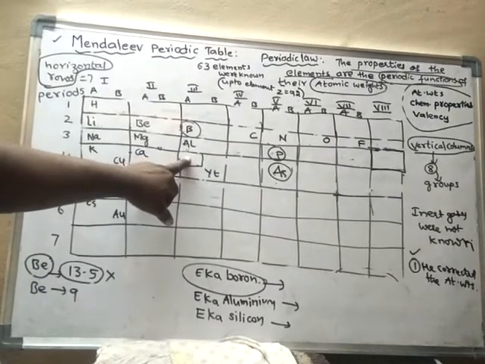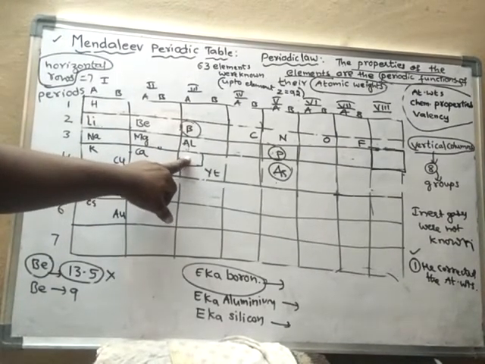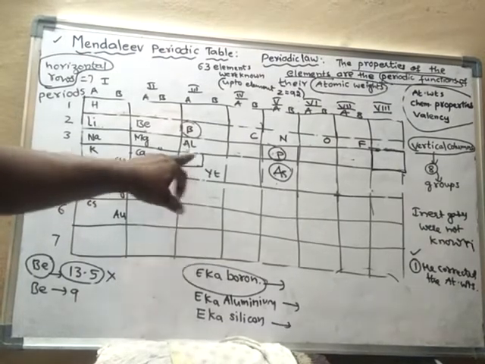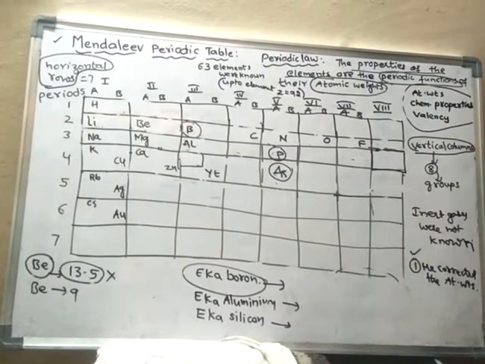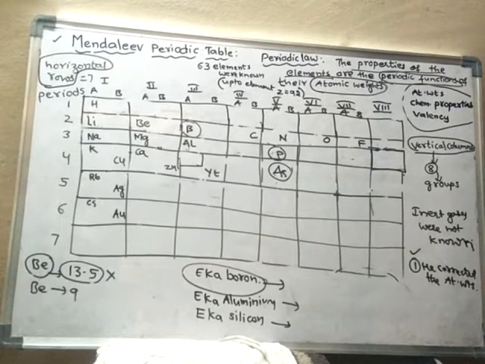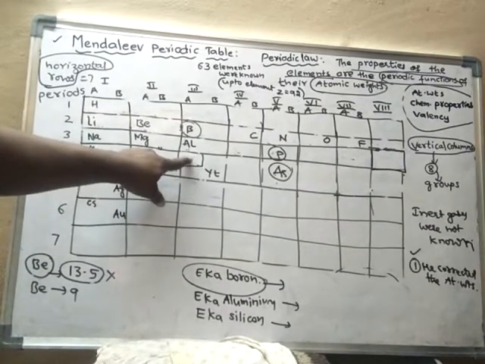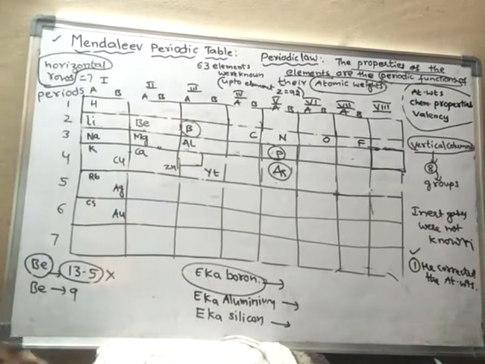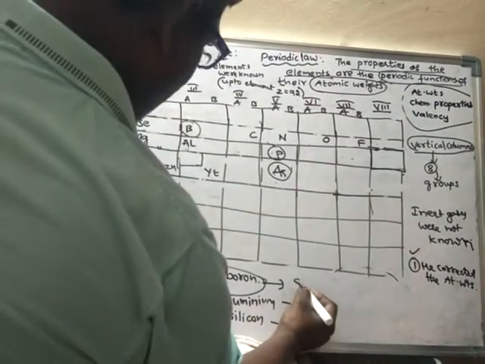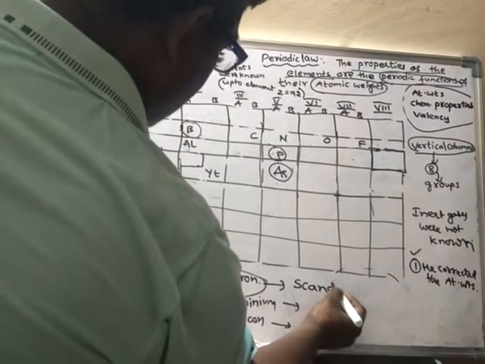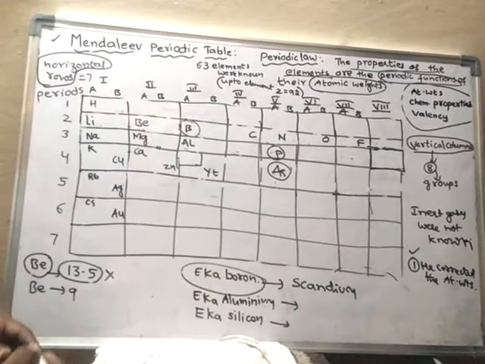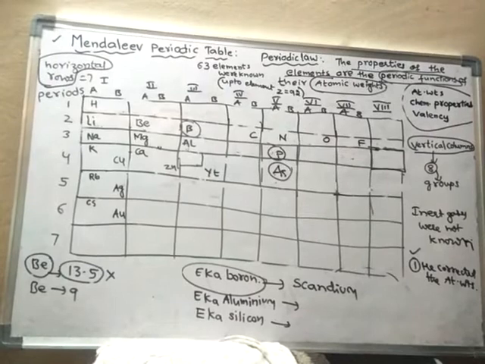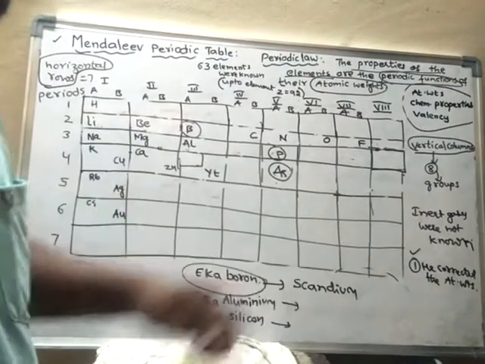Why should I not discover that element? So with that idea, the new scientists discovered the element which should be present in this gap, and they named it as scandium. Finally, the element was discovered, and it was named as scandium.